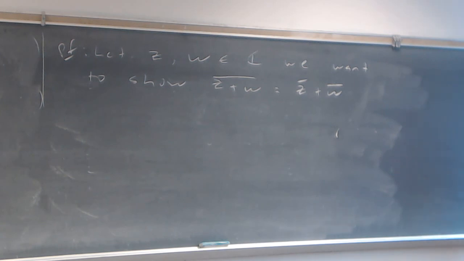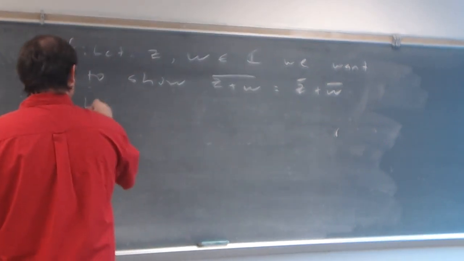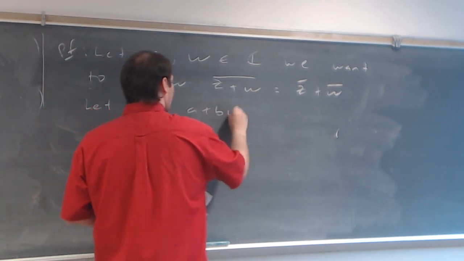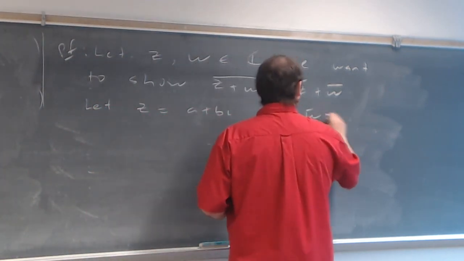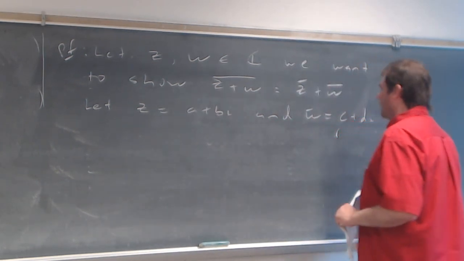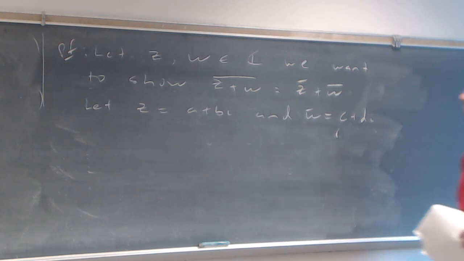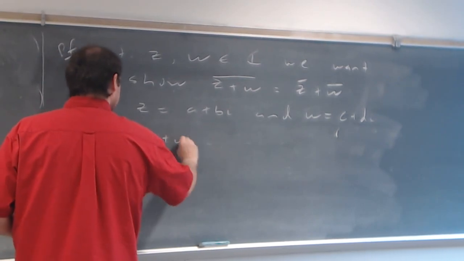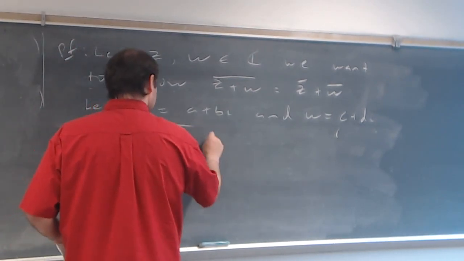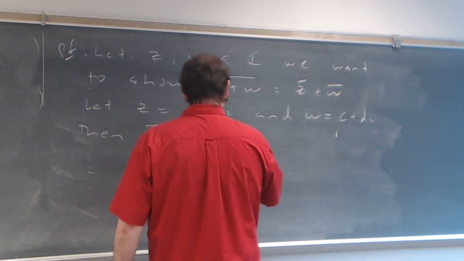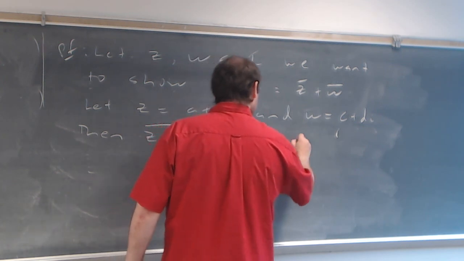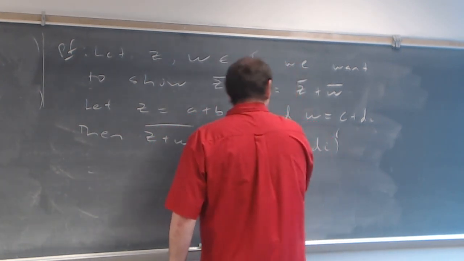So the way we'll do this is we'll let Z be equal to A plus BI and W be equal to C plus DI, where A, B, C, and D are real numbers. This is W, not W conjugate. Then Z plus W conjugate is equal to A plus BI plus C plus DI, the conjugate of that.